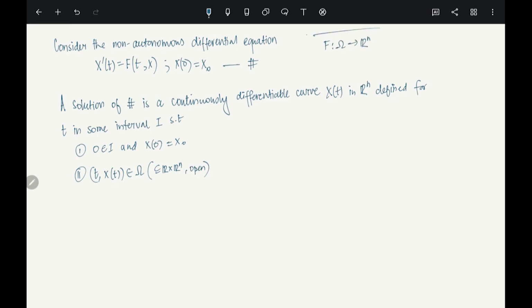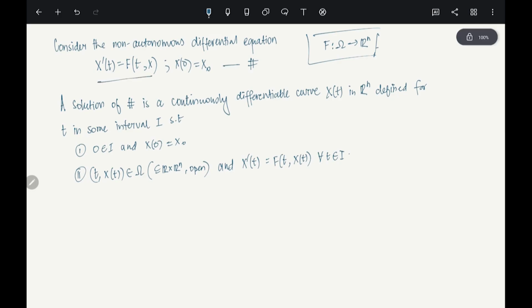So that is given. We are starting out with the open subset of R cross Rn, and the vector field is given. So basically t, x of t should be in omega. Clear? And x prime t has to be equal to f of t, x of t for all t in I. Is this clear? So essentially you are given this system.